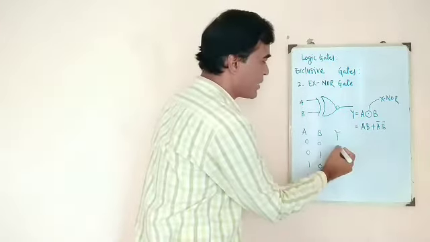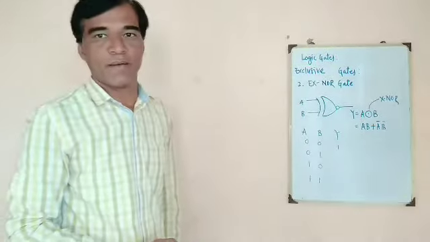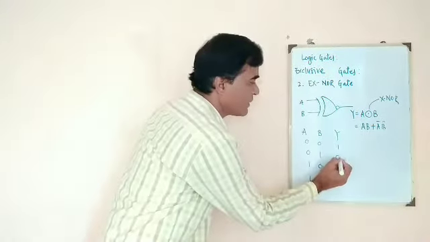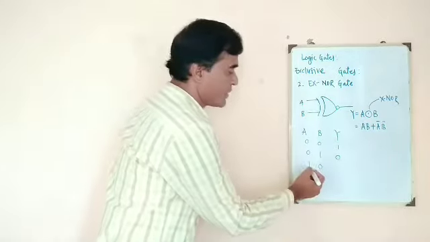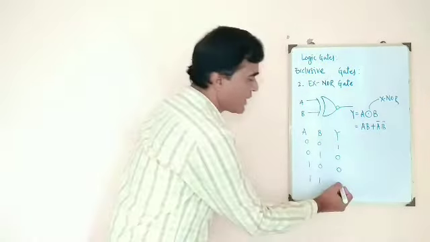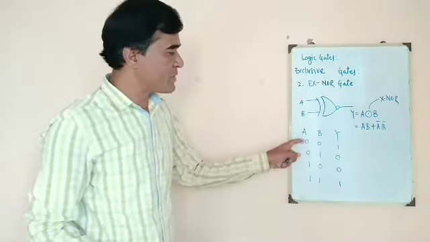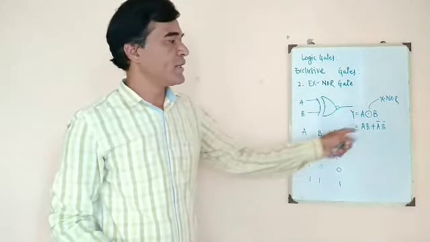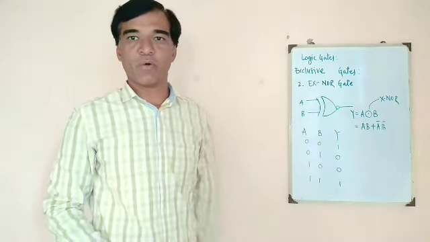So here you will get output equal to 1. Then for 0, 1, output is 0. For the input combination 1, 0, again I will get a 0. And for 1, 1, again I will get a 1. Simply substitute the values of A and B in this expression, you can evaluate the output.